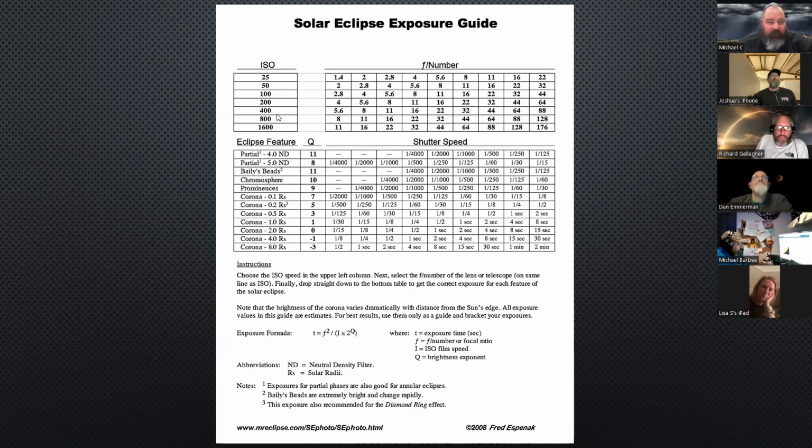You pick your ISO, your f-stop, and then from that you figure out where you are: partial eclipse, getting into the totality, and then trying to capture the coronas and the different levels and brightnesses of those, and it gives you your shutter speed that you want to be at.